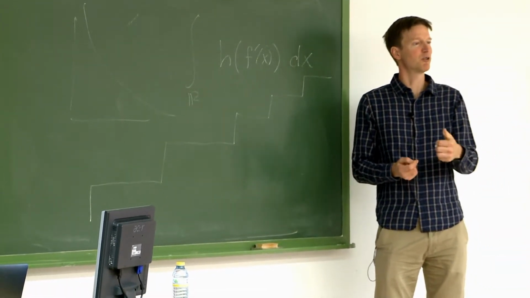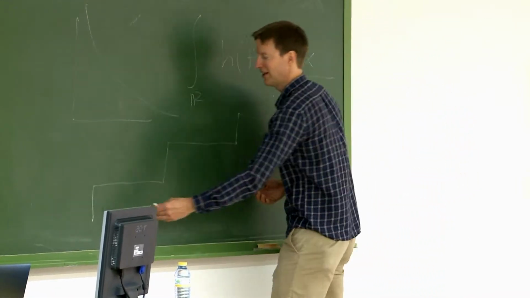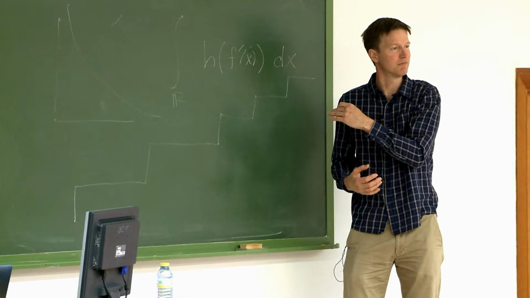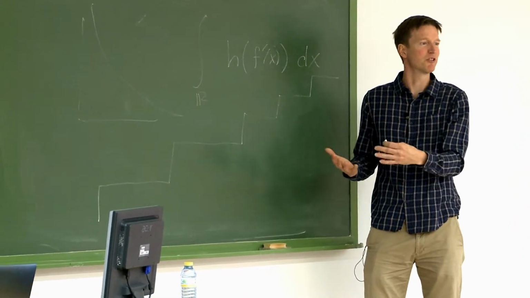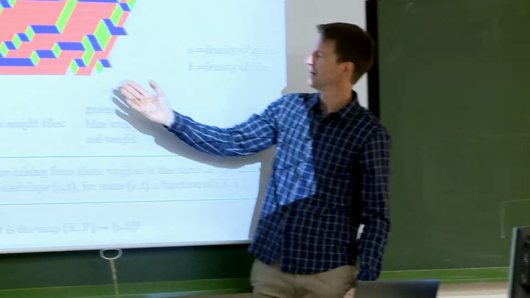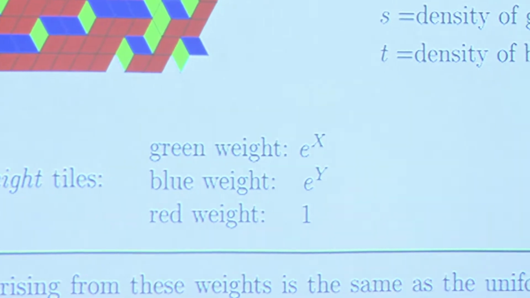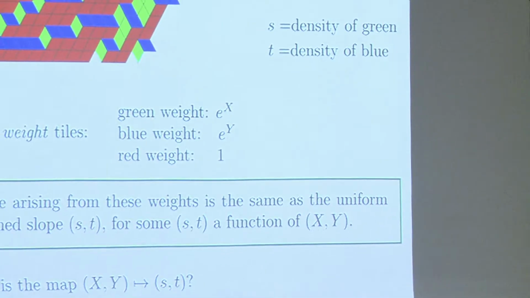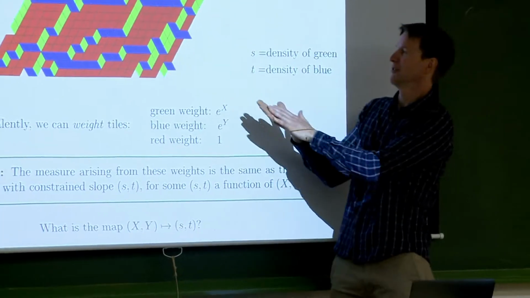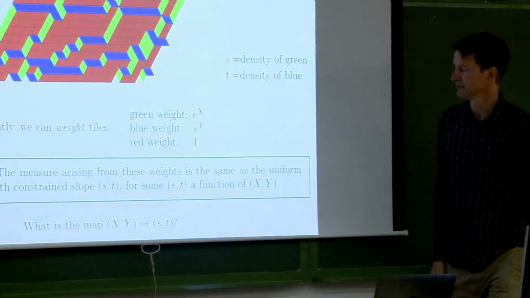If I have a coin which comes up heads with probability p and tails with probability 1 minus p, then the slope will be some function of p. It won't be exactly p, but it'll be some function of p. That's the analog here, where each red tile has a weight, green tile has a weight, blue tile has a weight, and I give a weight to the configuration, which is the product of the weights of the tiles, and that will bias the configurations toward a particular slope.